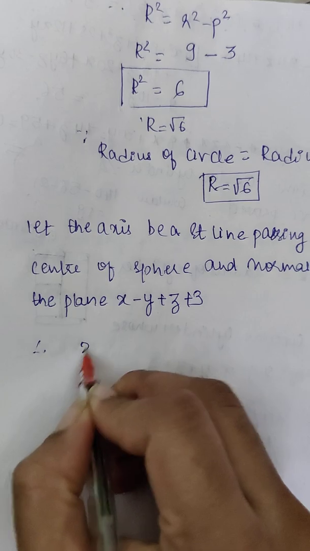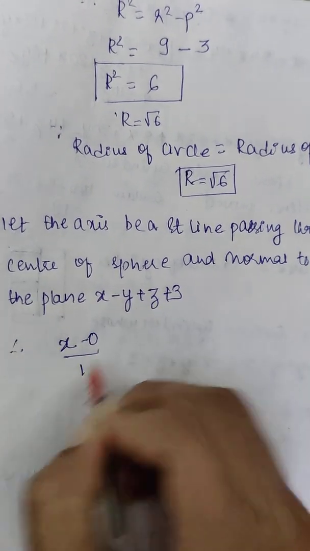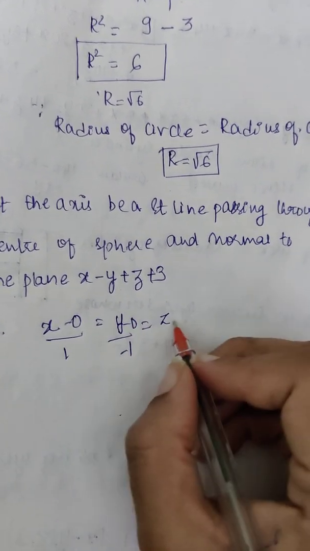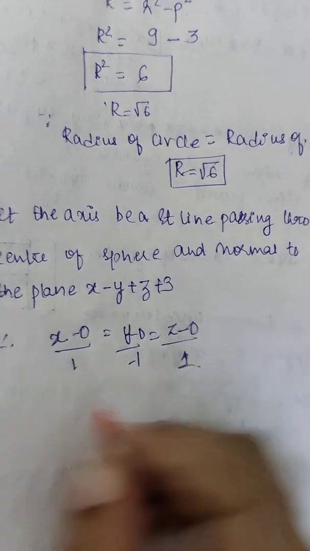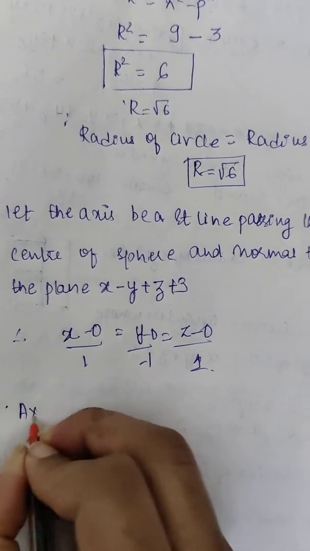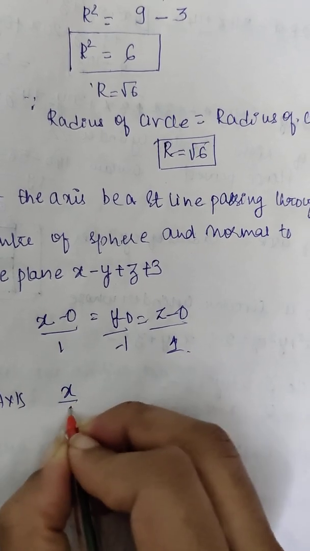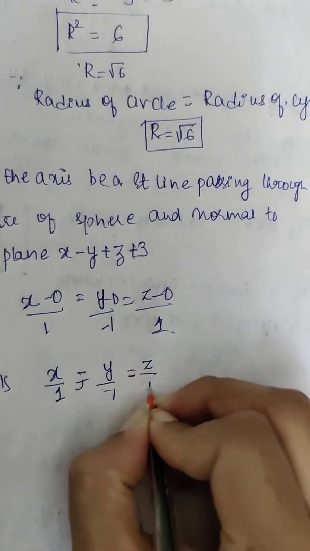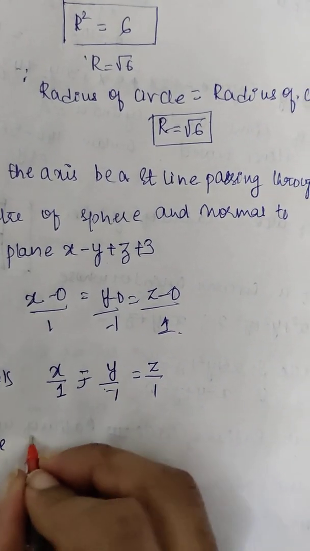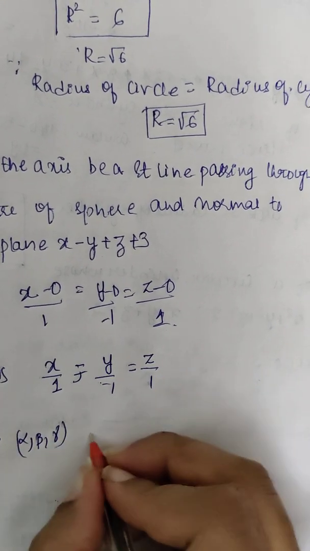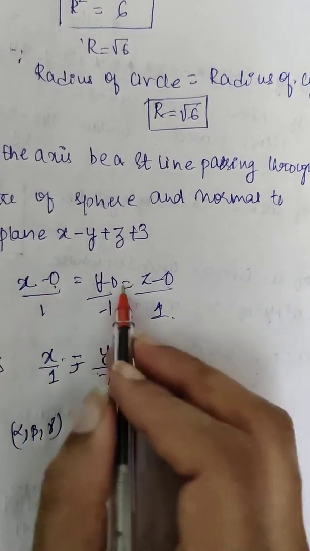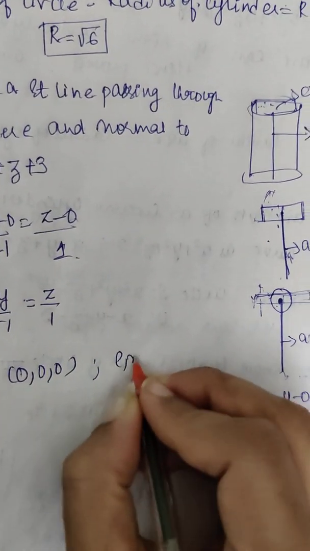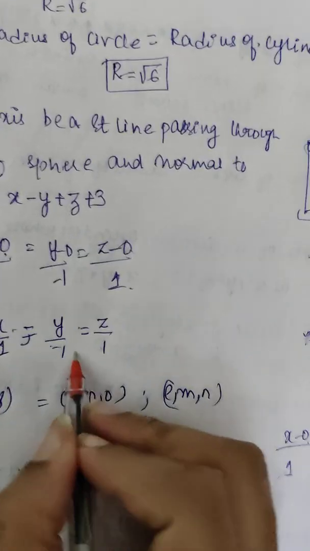Therefore, it passes through the center: x minus 0 by 1, y minus 0 by minus 1, z minus 0 by 1, the coefficient of z. So my axis would become x by 1 equals y by minus 1 equals z by 1. So here your alpha, beta, gamma from the numerator is 0, 0, 0. What is l, m, n? 1, minus 1 and 1.